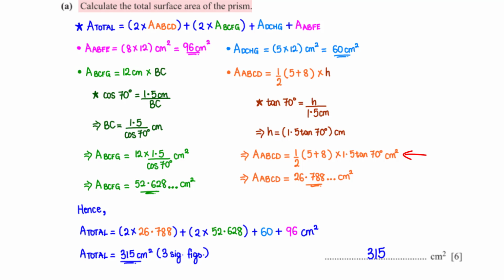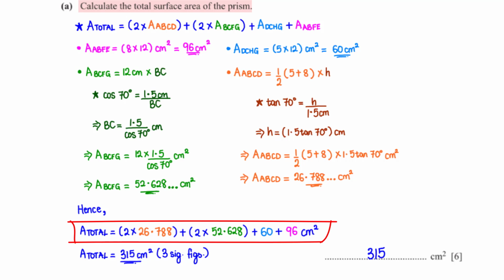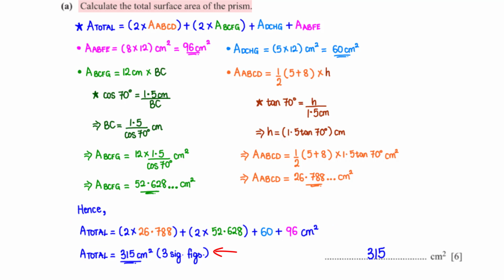When we type this into the calculator, we get 26.788 centimeters squared. When we put the values of all these areas into the original equation and type it into the calculator, we have 315 centimeters squared rounded to 3 significant figures.